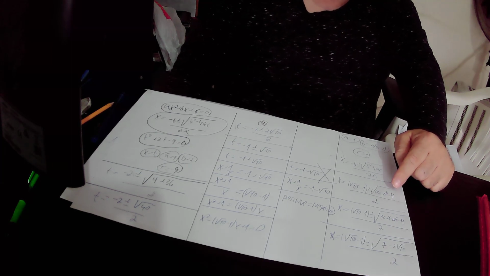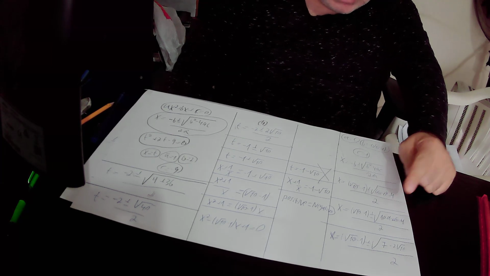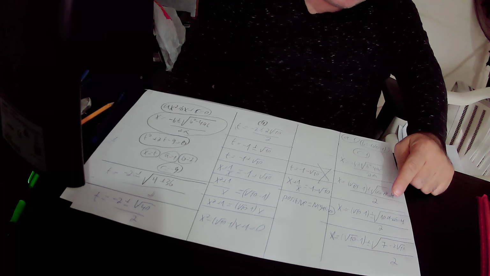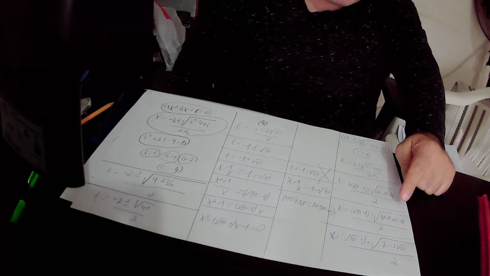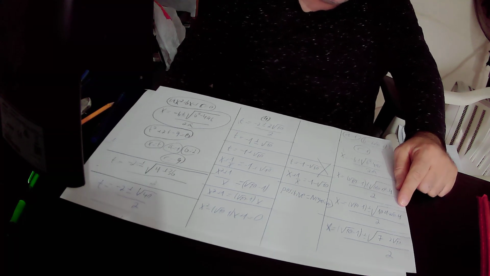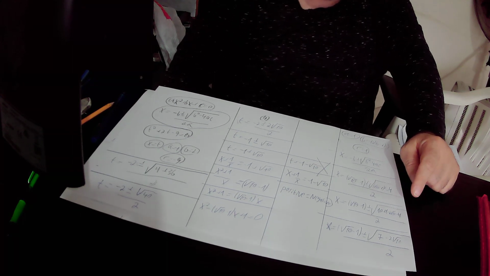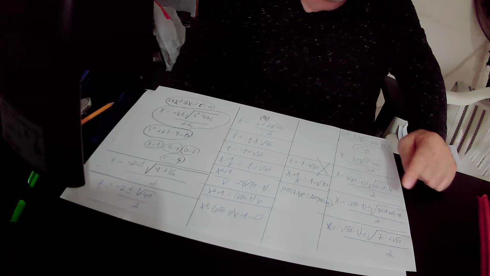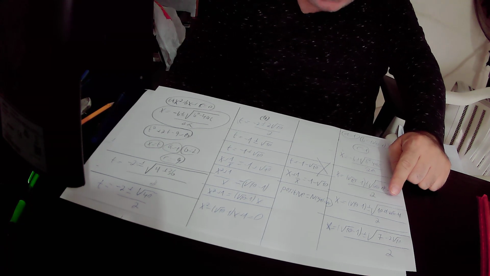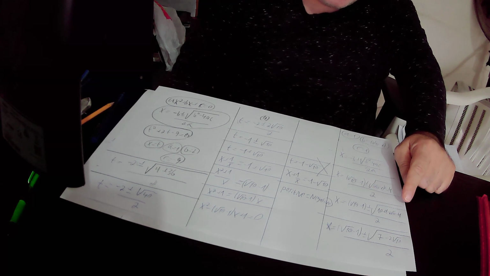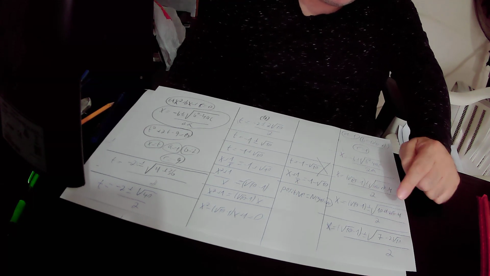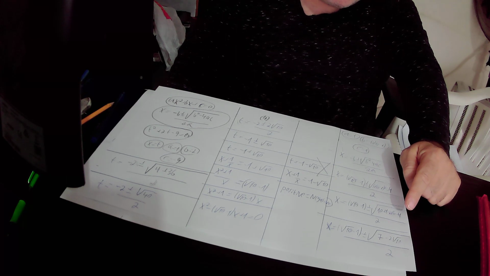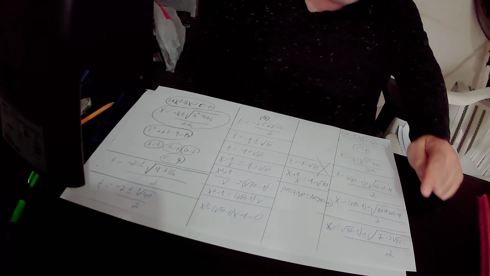B is 1, so b squared is 1 squared, that is 1. So we got here 10 plus 1 minus 2 times square root of 10, minus 4, all divided by 2. So x equals square root of 10 minus 1 plus minus. Here 10 plus 1 is 11, 11 minus 4 is 7. So here we'll have 7 minus 2 times square root of 10, all divided by 2.